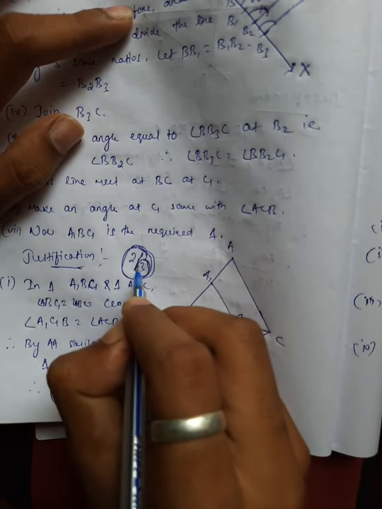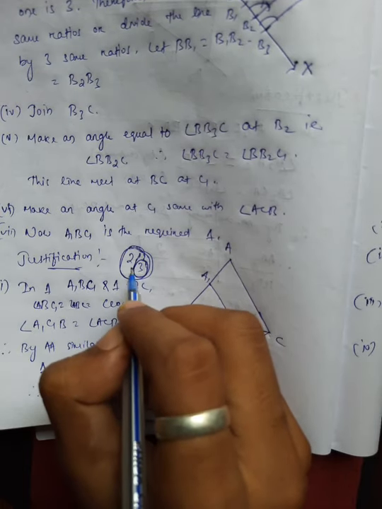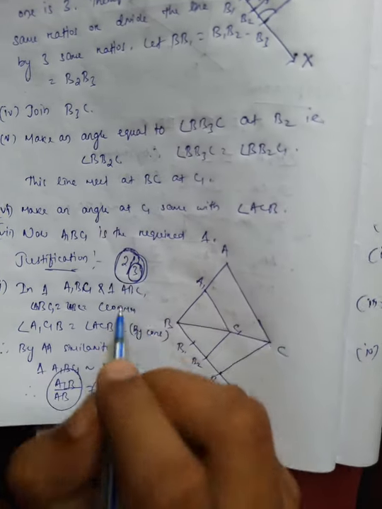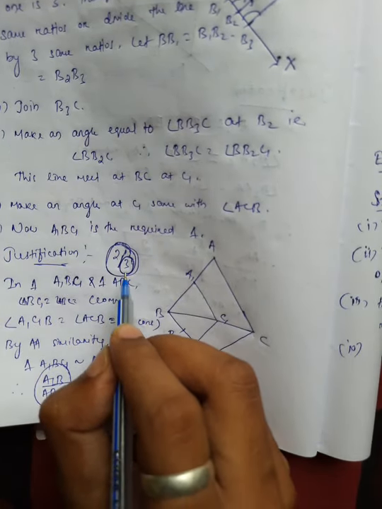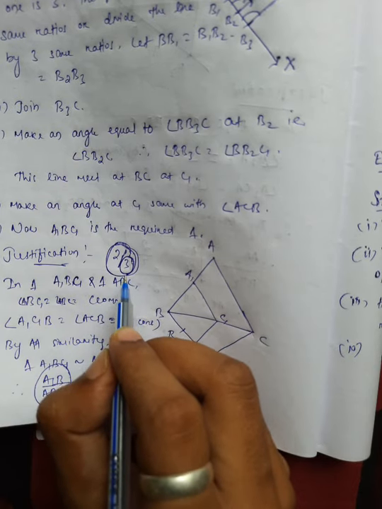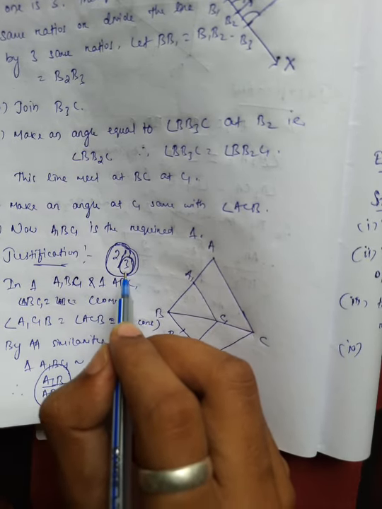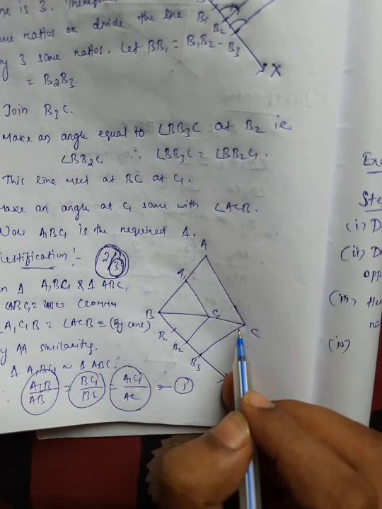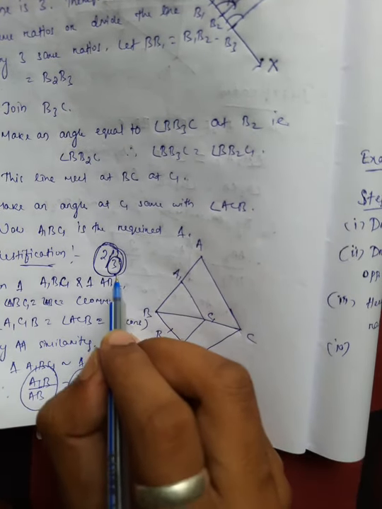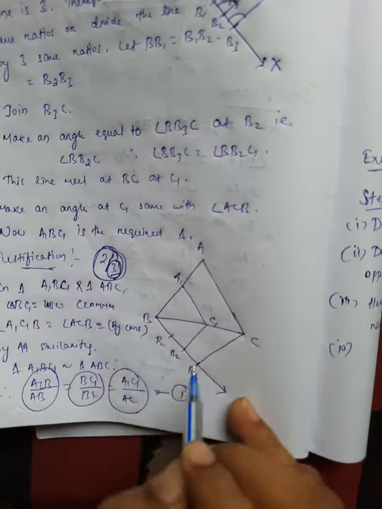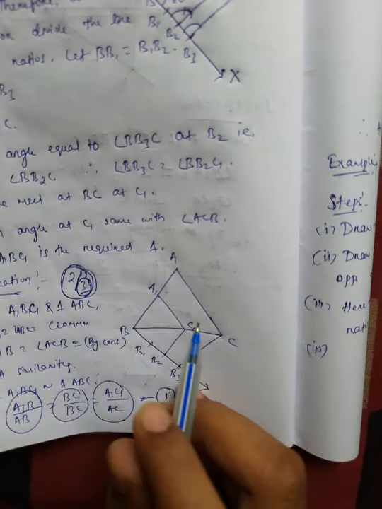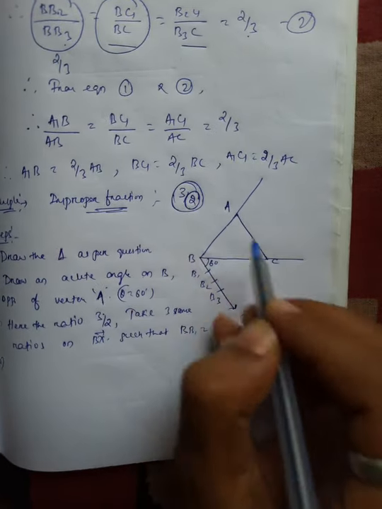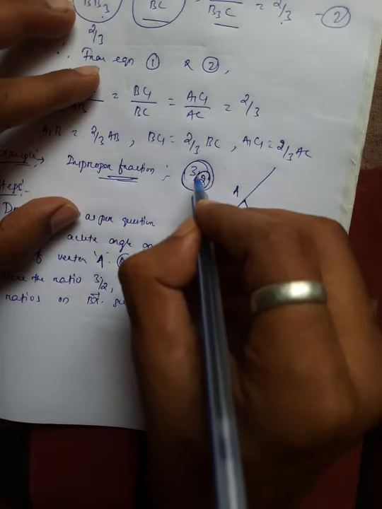In the case of a proper fraction, the denominator is larger and the denominator is joined to the C of the triangle. Here also the denominator is joined to the C. Here the denominator is 2.